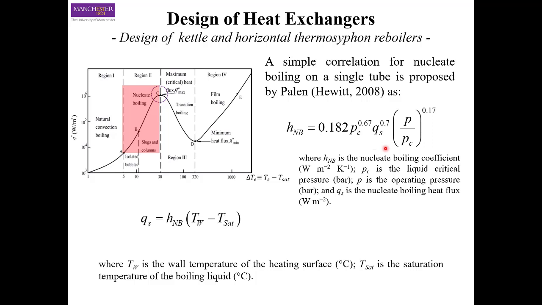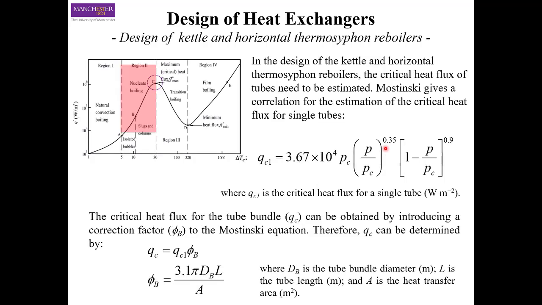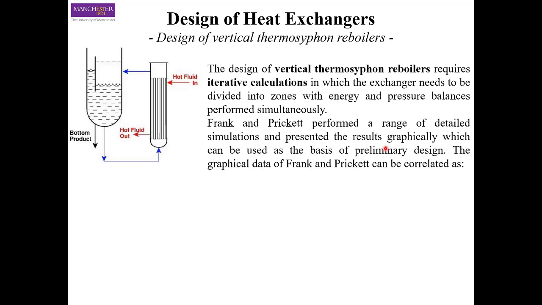For the case of vertical thermosiphon reboilers, it is even more complicated, and we have to use again iterative calculations in which the exchanger needs to be divided into different zones, and then we do a balance of energy and pressure at the same time.